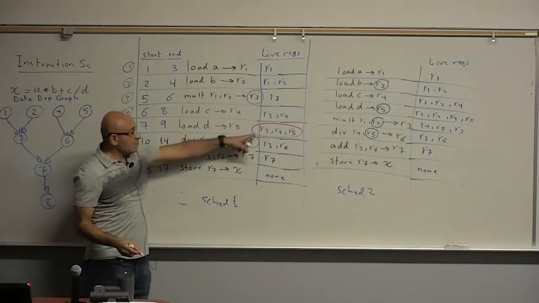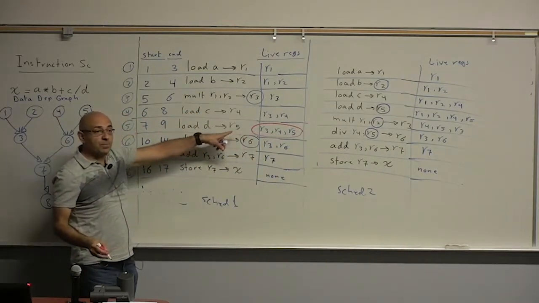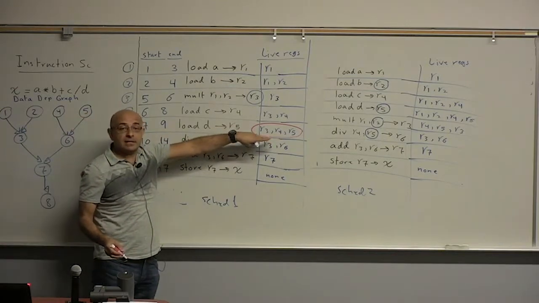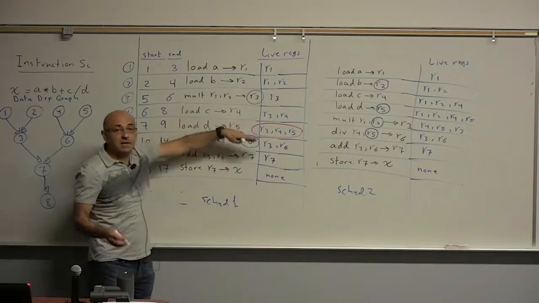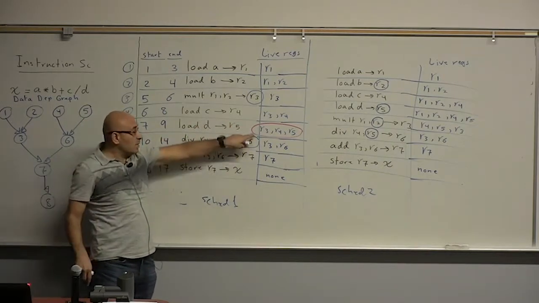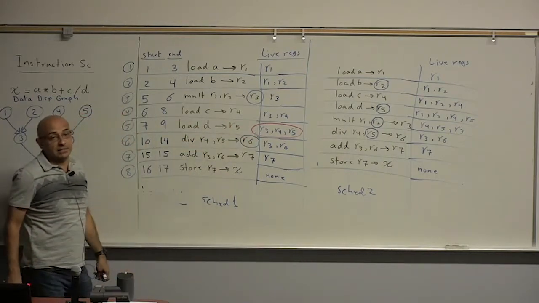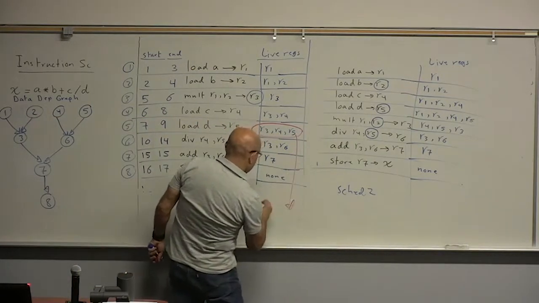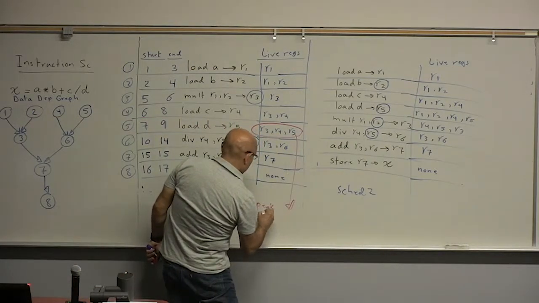At this point, you have 3 values that are live, so this is your maximum or peak register pressure. You need at least 3 physical registers here.